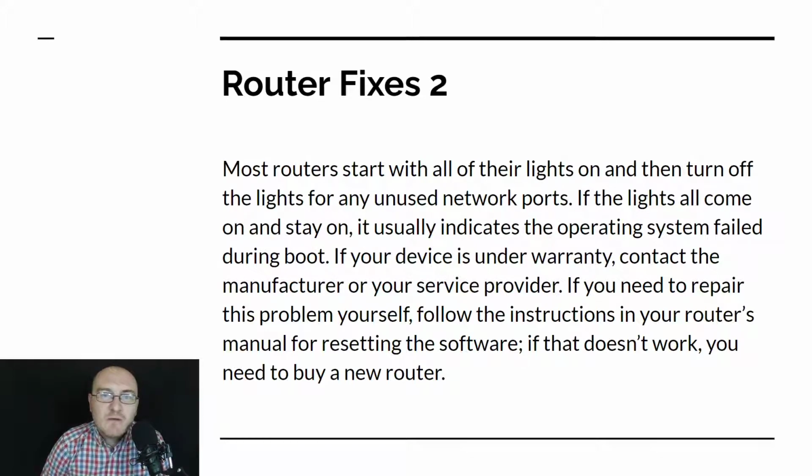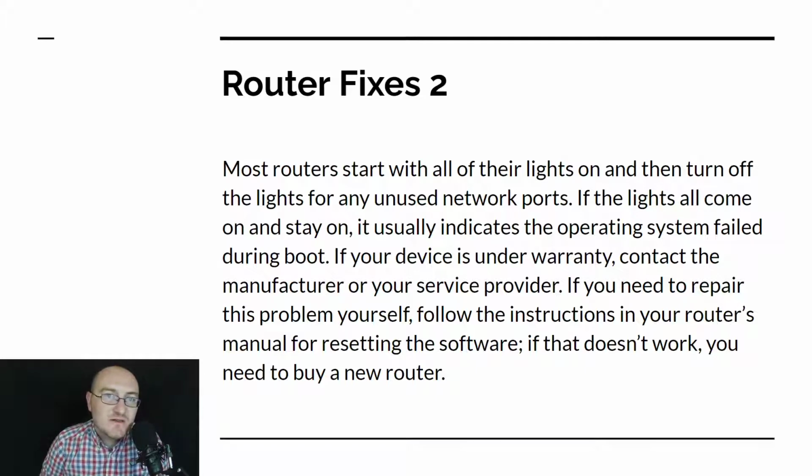So most routers start with all of their lights on. When you plug it in, all the lights turn on, and then they turn off for any unused network ports, right? If all the lights come on and stay on, then that means the operating system on your router failed to boot properly.